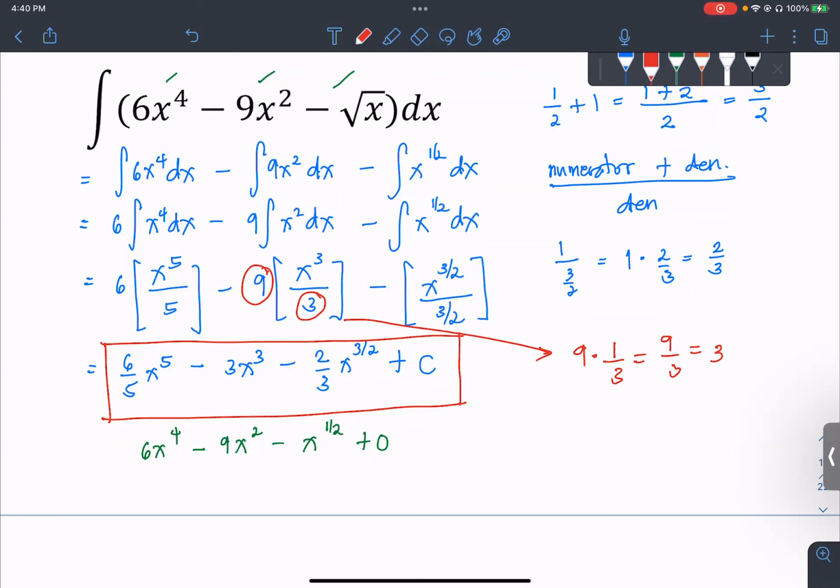Ito kasi 6 times 1/5, kaya 6 over 5. Ito, 9 times 1/3, 9 over 3, kaya 9. Okay? So I'll proceed.